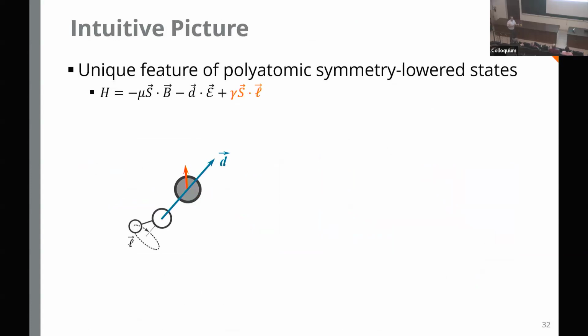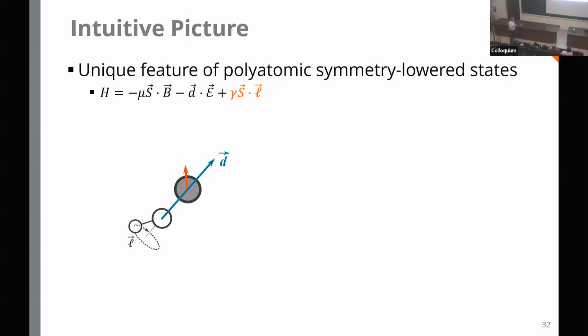And there's an intuitive picture of how this works, why just adding an electric field or a magnetic field can change the electromagnetic properties of the molecule. It's due to some interesting couplings between the different motions in the molecule. So these molecules have an unpaired spin, which gives you your magnetic sensitivity. They have a permanent electric dipole moment in the molecular frame along the symmetry axis.